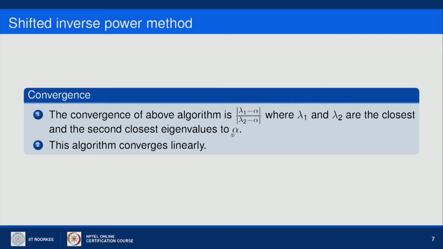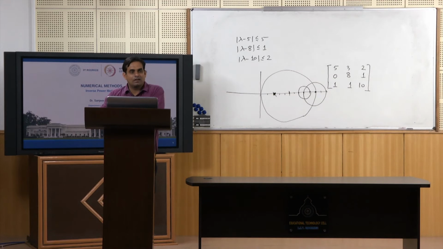So, for example, if you are choosing a matrix having eigenvalues 5, 8 and 10 and I am choosing alpha as 4, then the convergence ratio will be 5 minus 4 upon 8 minus 4, so 1 upon 4. It will be linear. It will always be something between 0 and 1.